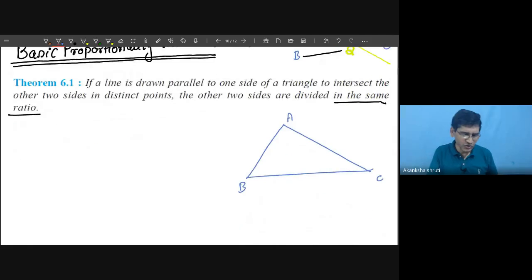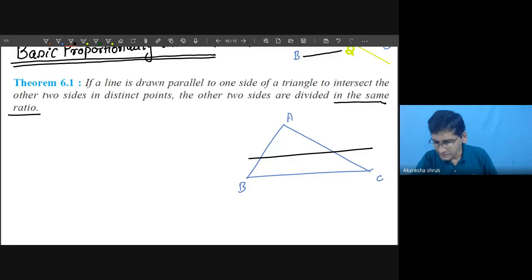We are free to choose the line parallel to BC. So let me choose like this. This is our BC, the line parallel to BC. So according to this theorem, the line is parallel to BC, it is intersecting the other two sides.